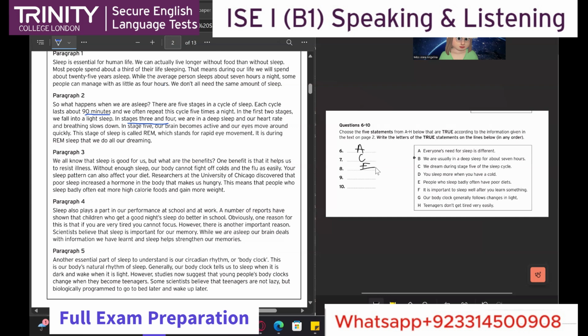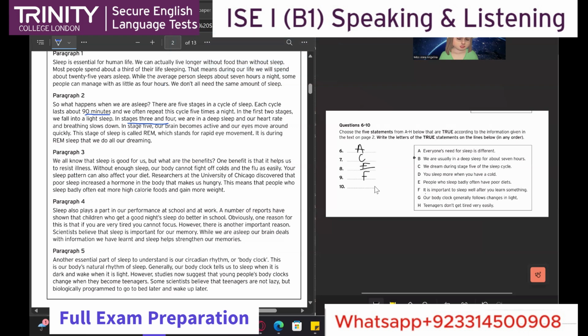I think it's true. It is true because sleep is important to learn something because it strengthens our memory. That's right. Okay.